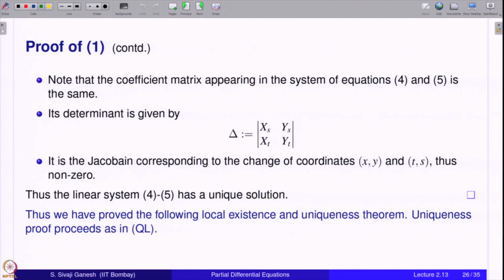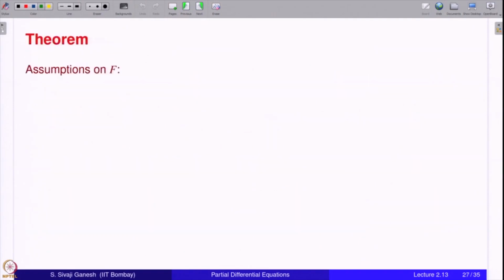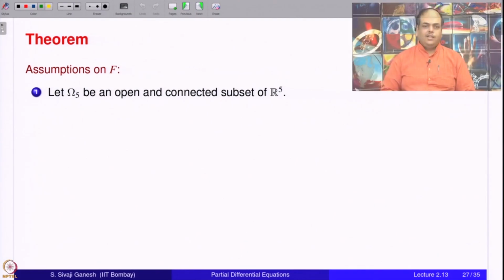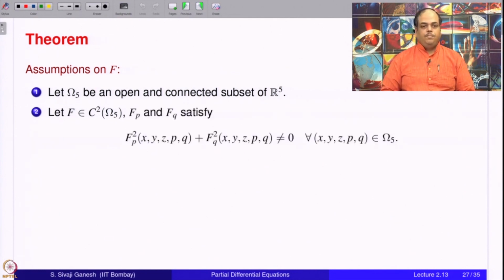Uniqueness proof proceeds as in the quasi-linear case. So, I am not going to do it here. So, what is the theorem? Assumptions on f: omega 5 is an open set, connectedness is not required, open set. Let f be a C2 function, that we cannot dispense with. F_p and F_q satisfy that both of them cannot vanish simultaneously at any point of omega 5.